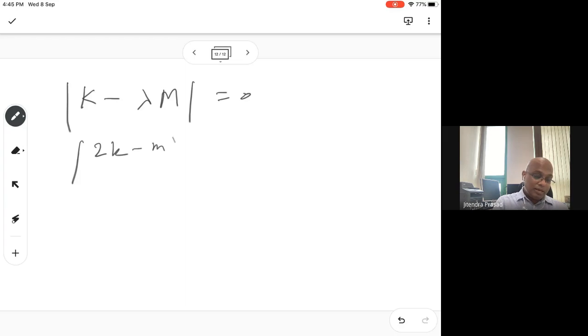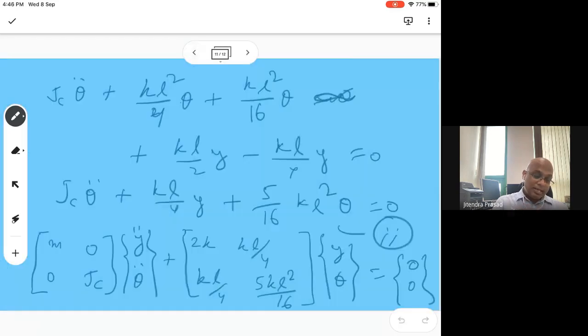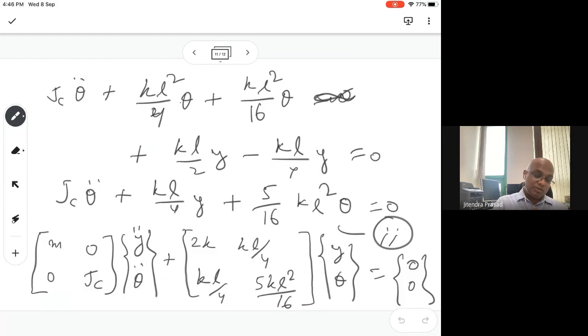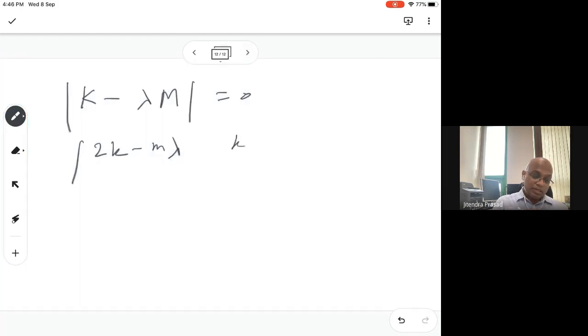So we get 2k minus m lambda, and then we have kl over 4, here also kl over 4.